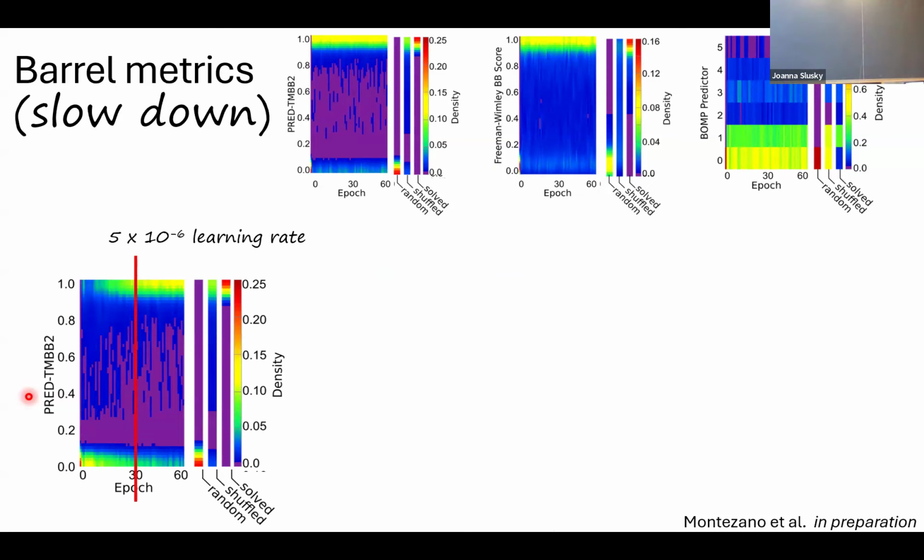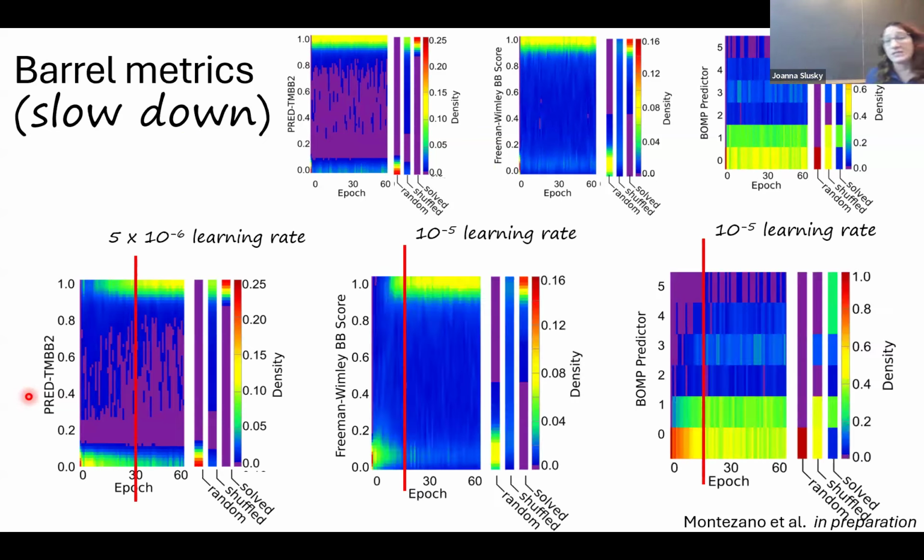And we can start to see, like, oh, at around the 30th epoch of 5 times 10 to the minus 6, it started to learn PredTMBB, which again, we said was amino acid composition. Whereas we see that transition actually, that's slower, I should say. You can't get to it. You have to use the 5 times 10 to the minus 5 learning rate. So this is the slower one.